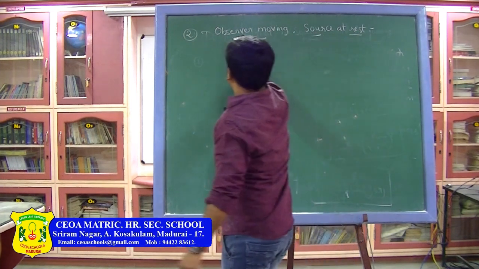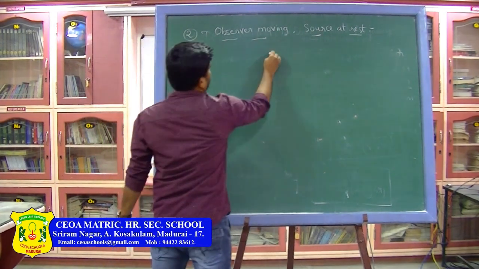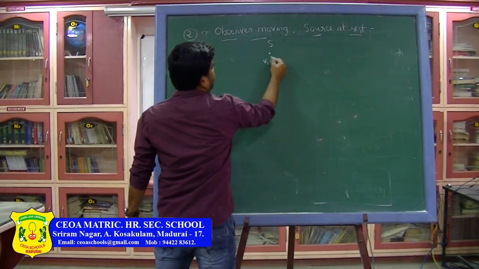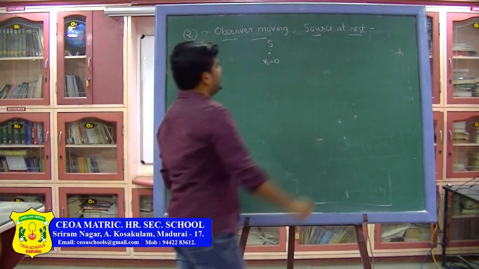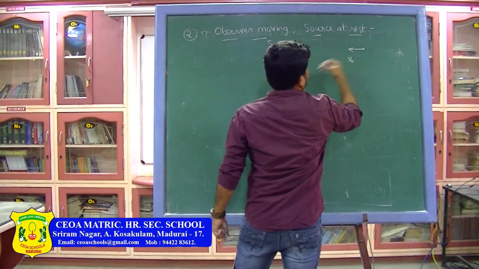So the observer is moving towards a stationary source. Let this be the source S which is at rest, so I can take Vs equal to 0, and here is the observer who is approaching the source with a speed say V naught.